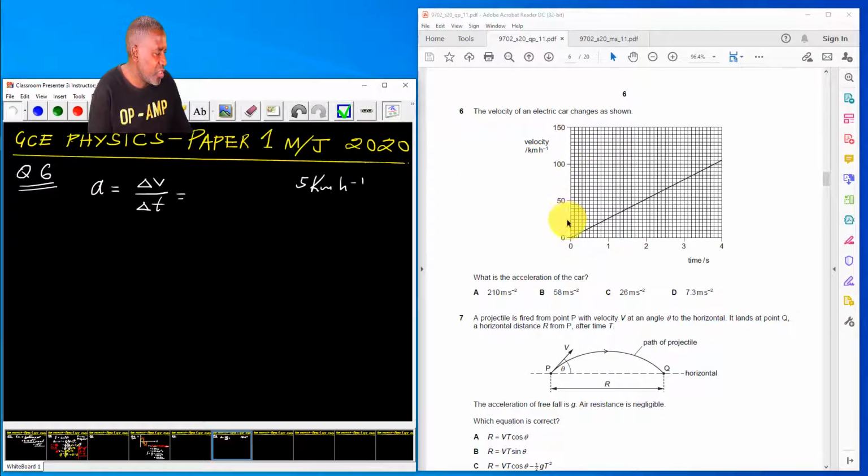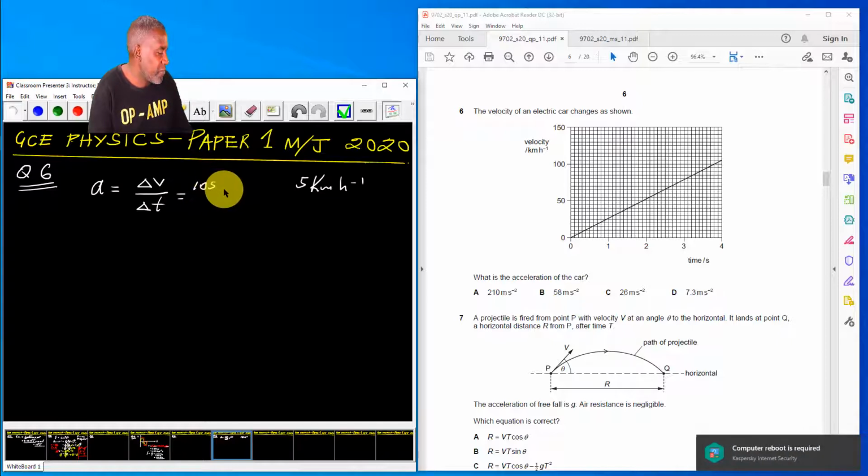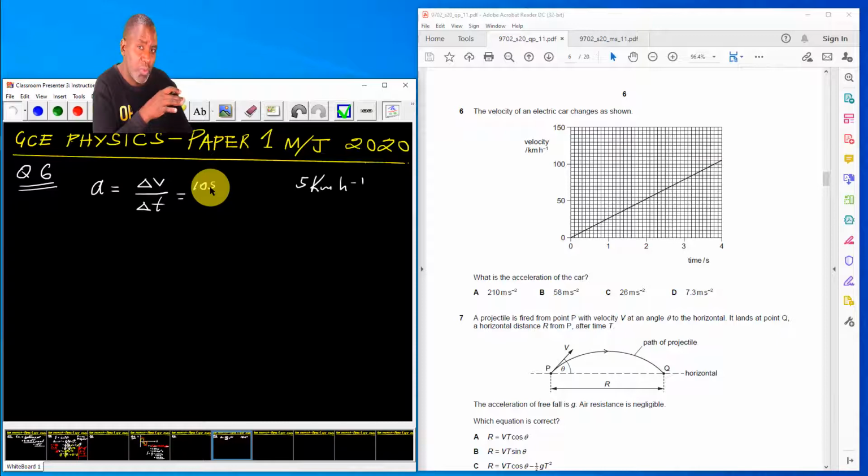So to get the change in velocity, it is 105 minus 0, which is 105 kilometers per hour. Let me just write 105 before I convert it into meters per second, because I need that. And the time it takes is all the way up to 4 seconds.